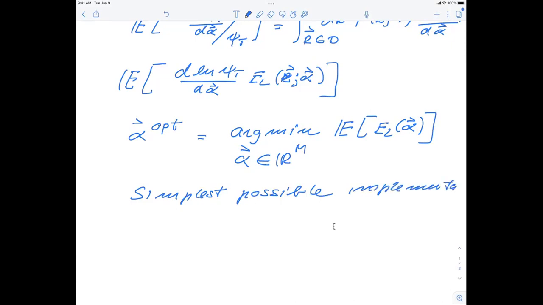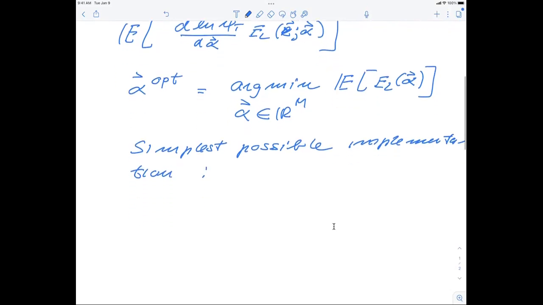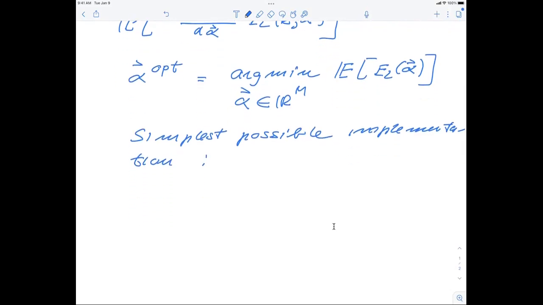Implementation. This is now given by this iterative process, where alpha, and k here stands for a given iteration. So this is an iteration. And this is given by alpha calculated at the previous value, minus the gradient.